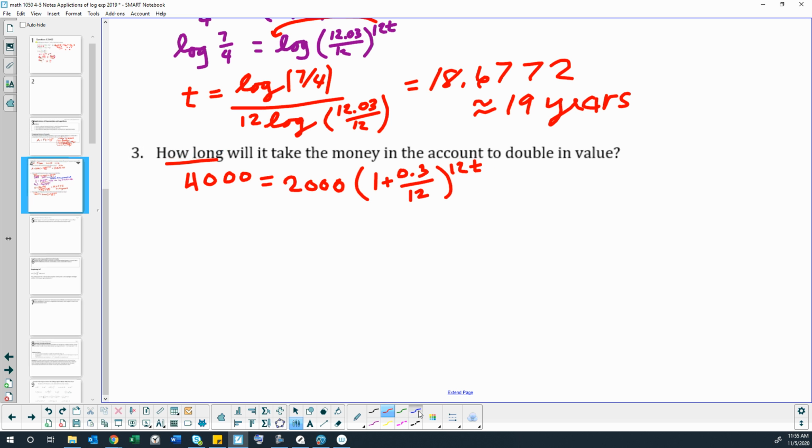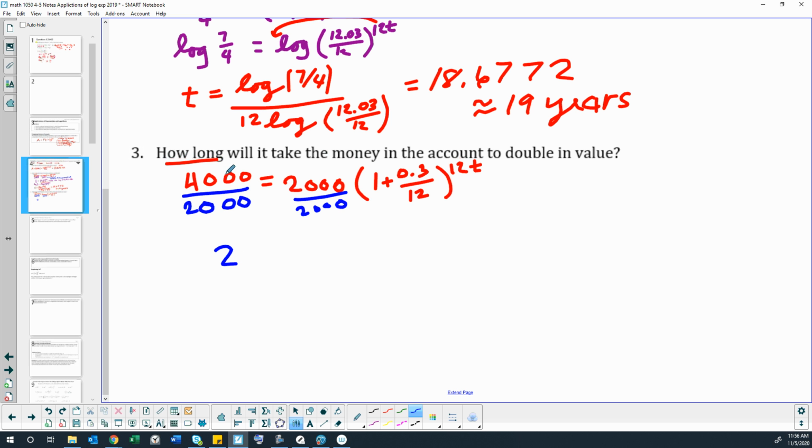But now when we isolate our exponential, we're going to divide both sides by 2,000. And what happens when we divide 4,000 by 2,000? Since all we did to get the 4,000 in the first place was to double the 2,000, and now we're dividing it, we're just going to get a 2.